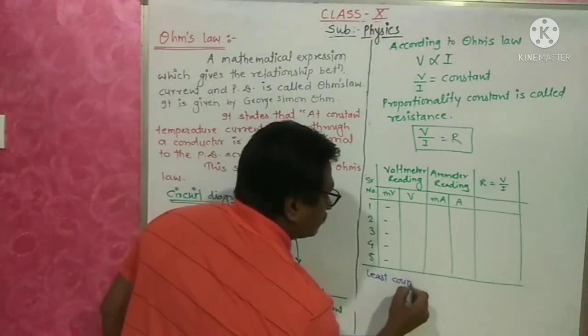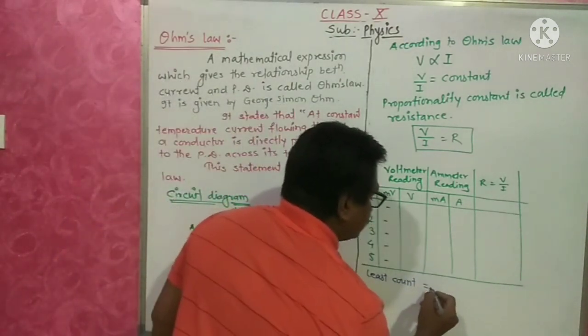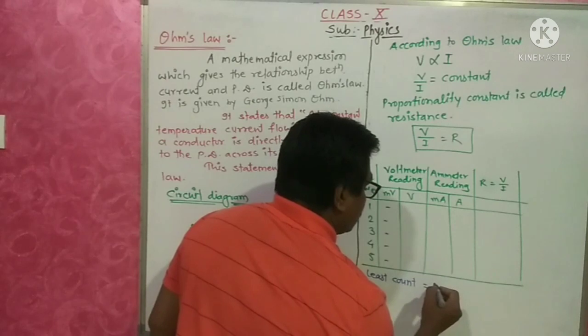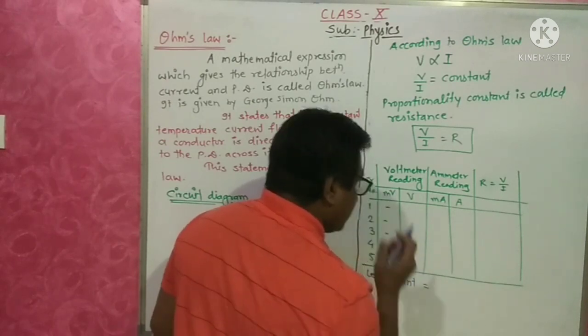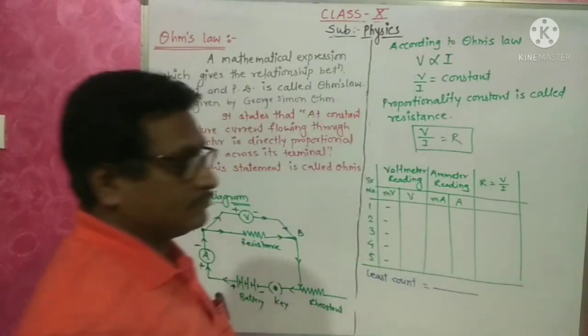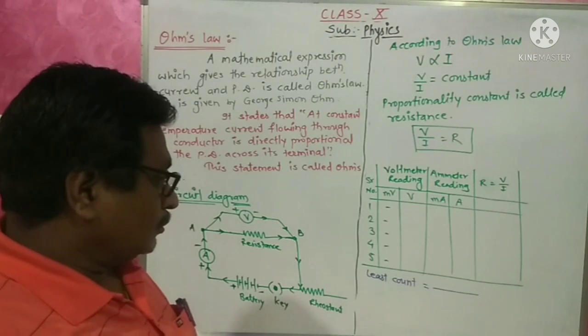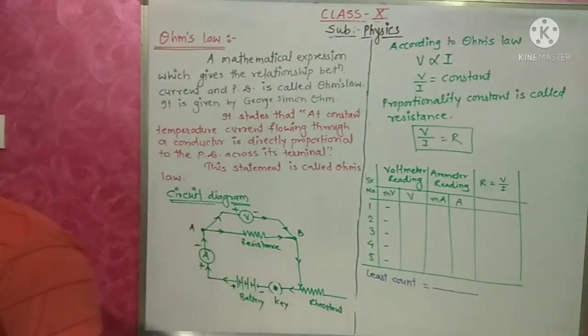Least count. This is the general formula for least count. So how to write this?